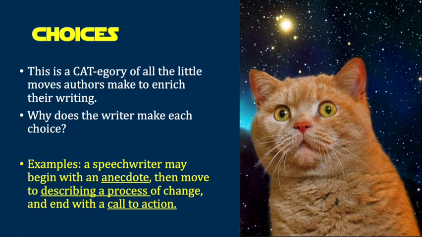Like, why do they use the words that they do? Sentence structure, organization, layout, color, figures of speech. So very specific communication choices. If it's a video of a speech like a TED Talk and a person uses movement in a certain way or changes their voice in a certain way, why did they make that choice?